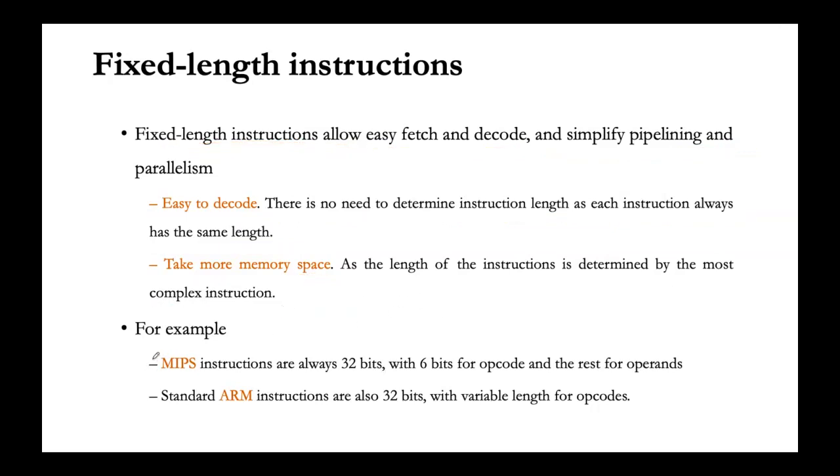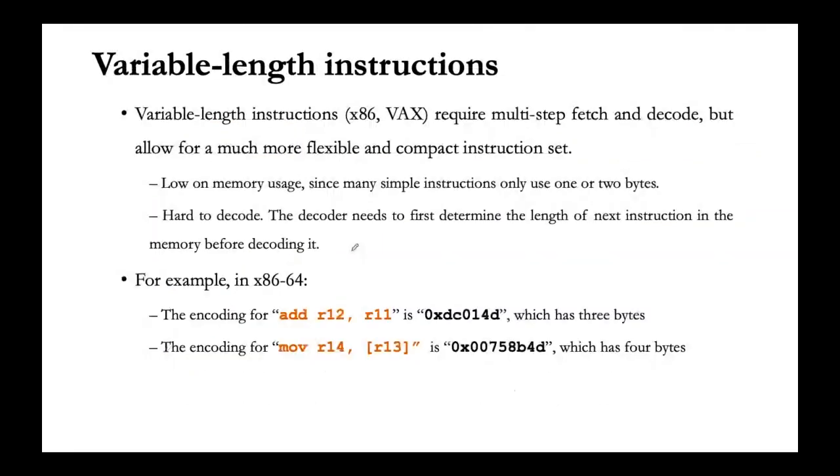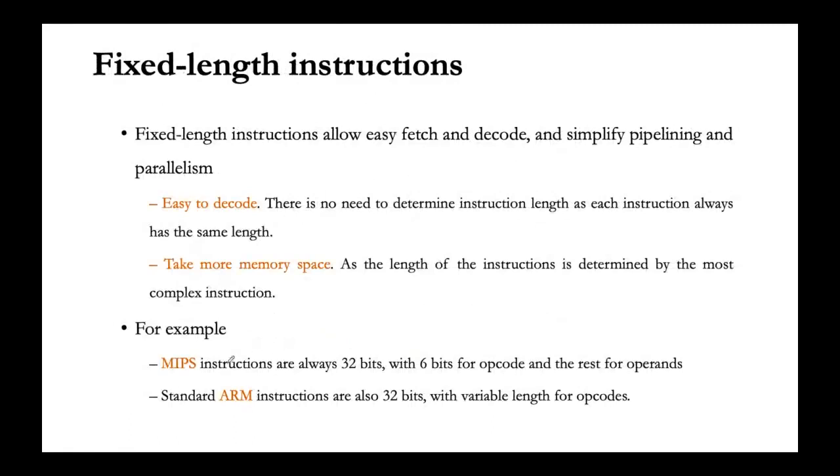So for example, variable length instructions are generally used by the architecture 8086, VAX. Whereas fixed length instructions are used by MIPS technology, millions of instructions per second. MIPS instructions are always 32 bits in size.